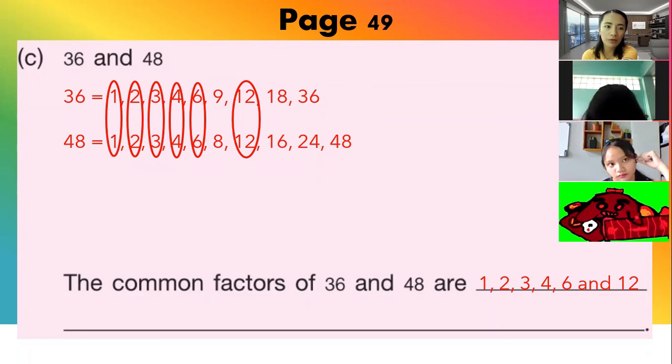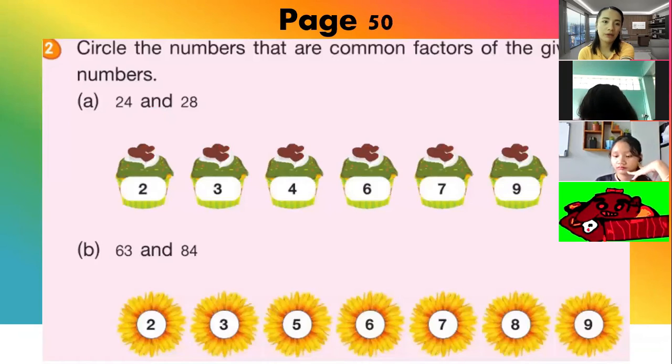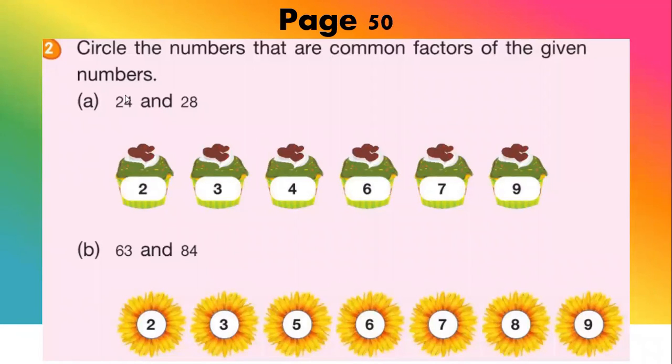Okay, if you're done, let's move on to page 50, number 2. It says here, circle the numbers that are common factors of the given numbers. So letter A, the given numbers are 24 and 28.